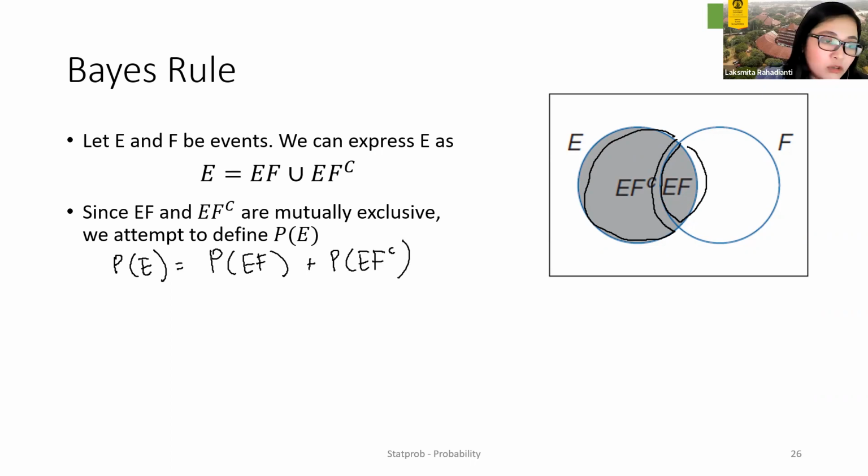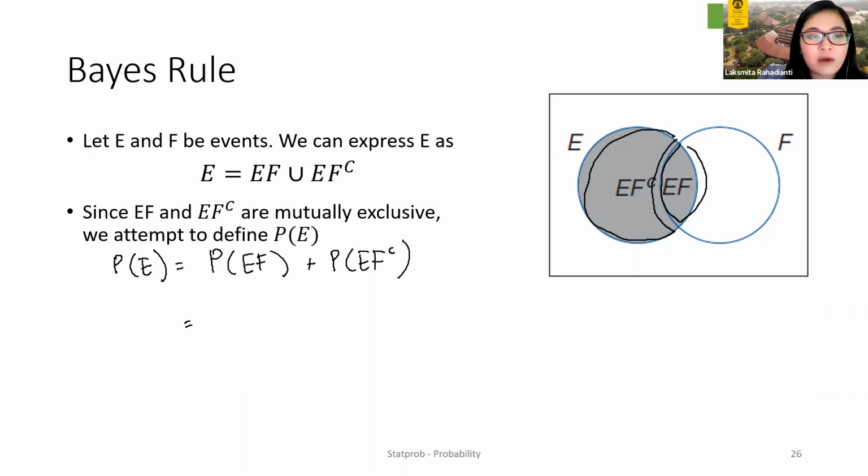I am allowed to do this because I know that EF and EFC are mutually exclusive. Don't forget that I'm not allowed to do this if there is another intersection. I would have to subtract and so forth. But we know that they are mutually exclusive.